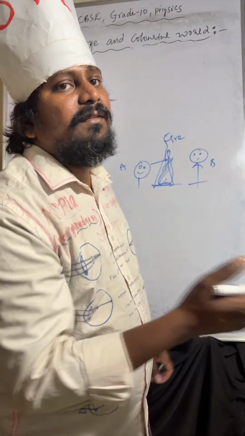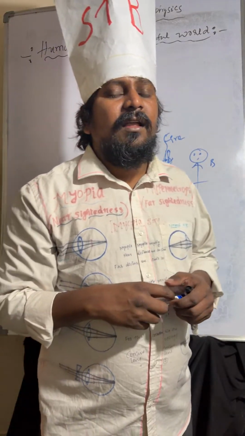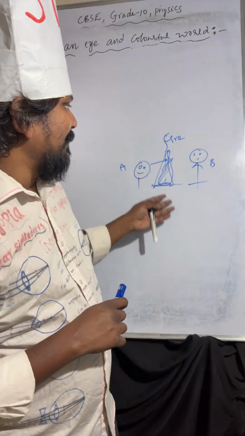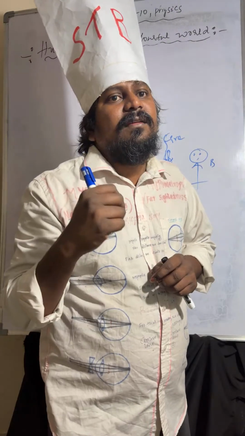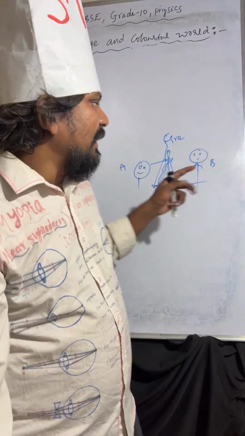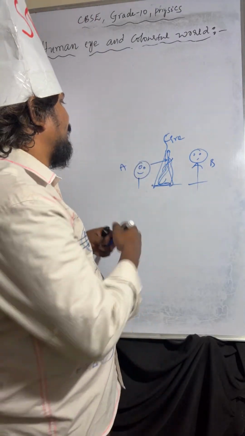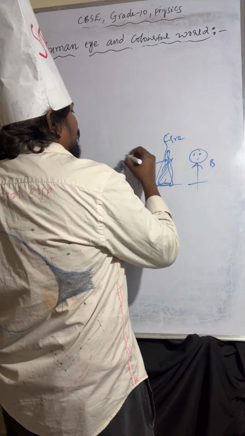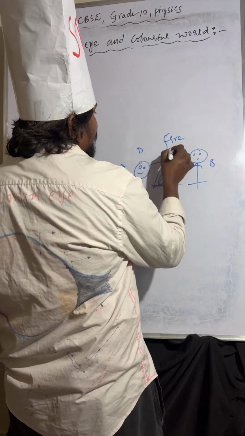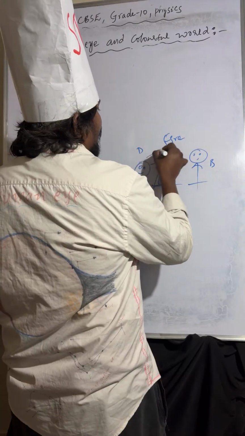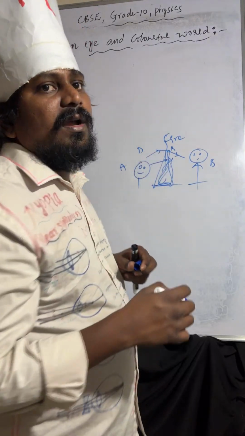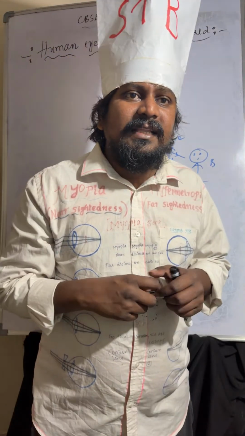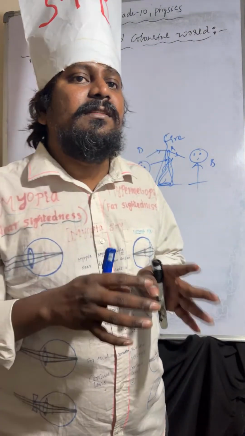So person B's image will appear flickering, wavering. Why? The light rays are passing from rarer to denser. Cold air is the denser medium, and hot air is the rarer medium. The light ray is passing from rarer to denser, denser to rarer. When it passes like this, atmospheric refraction takes place.